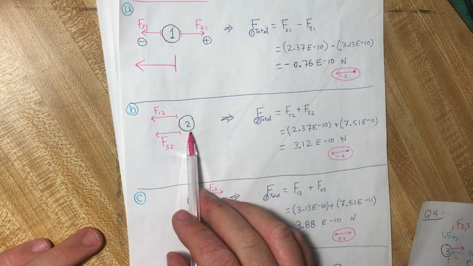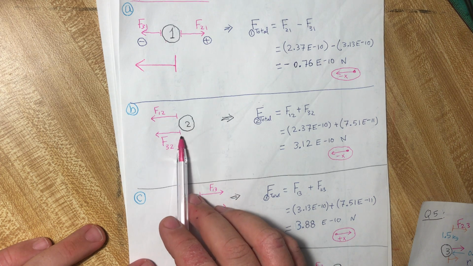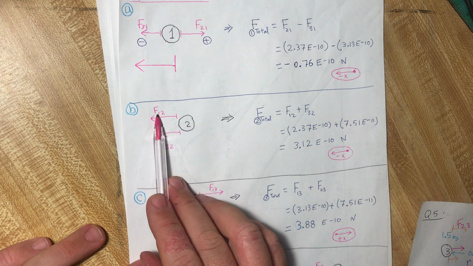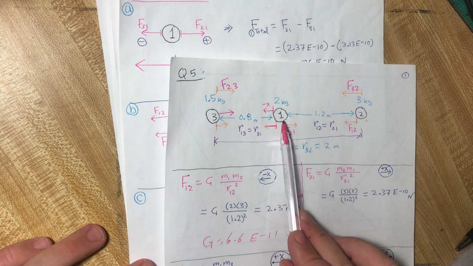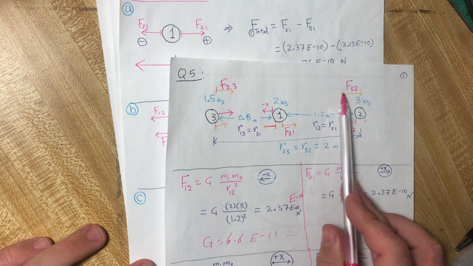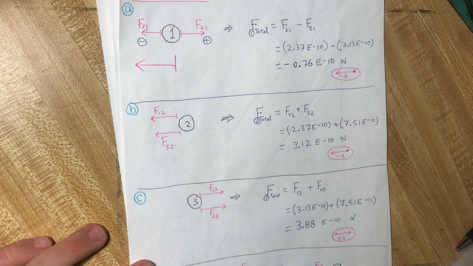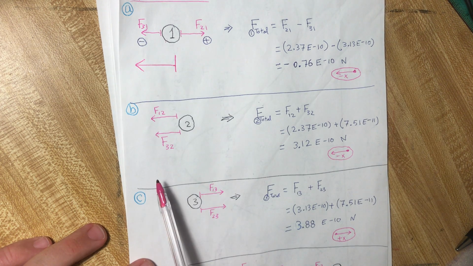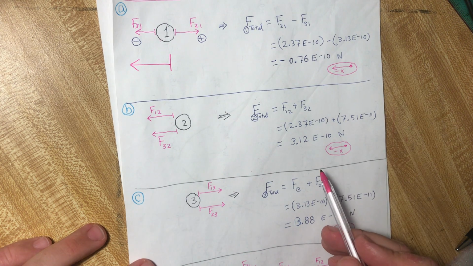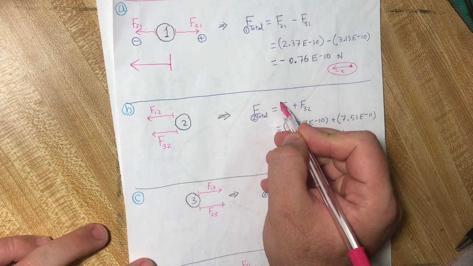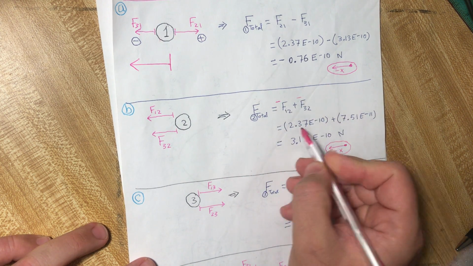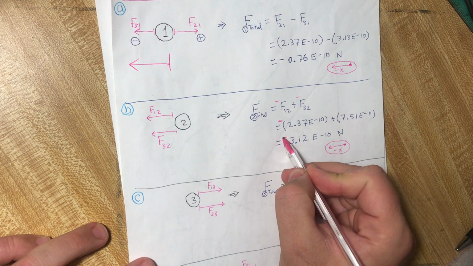Okay, the second object is under two forces, and both of them are from the left, from the first and the third body. So we need to add them together. But we need to know the direction because both of them are in the negative direction. So we can put this negative and this negative, and the result is negative.